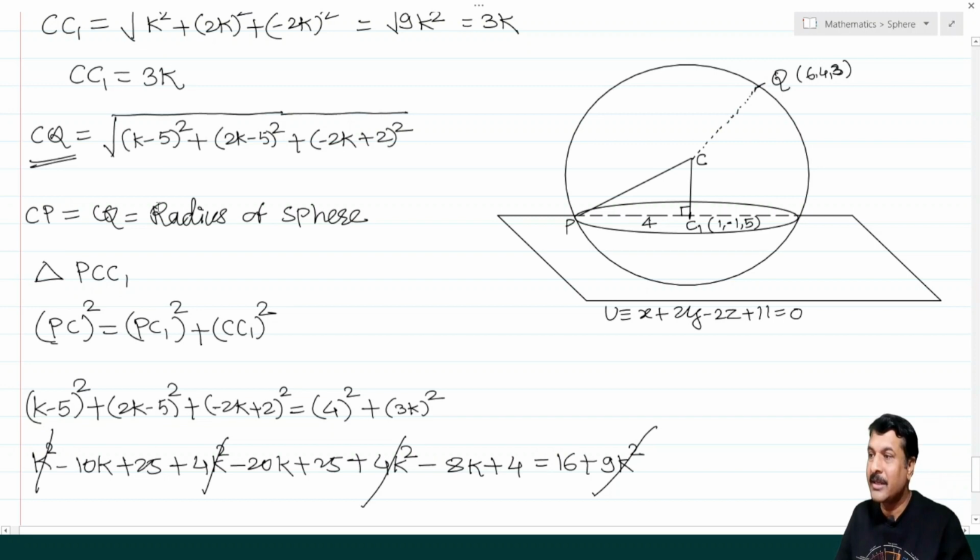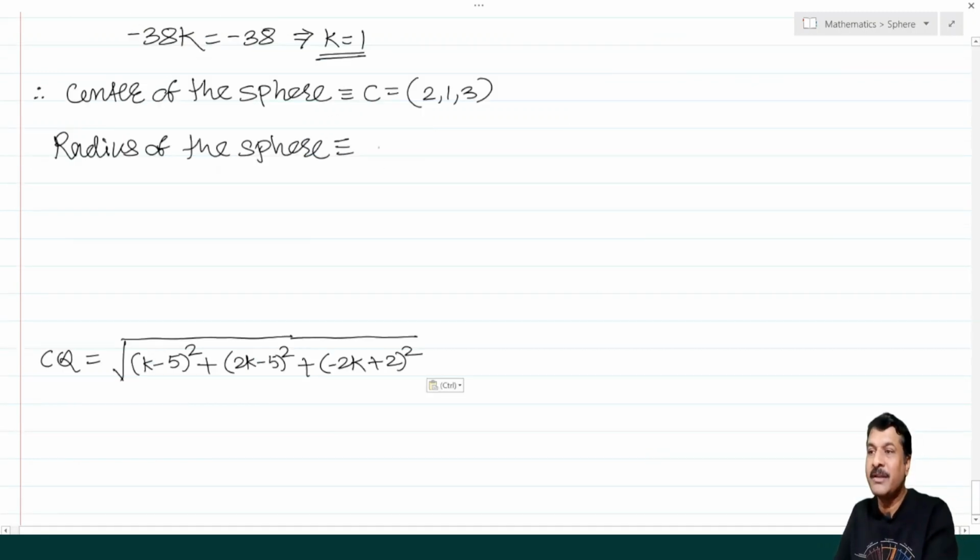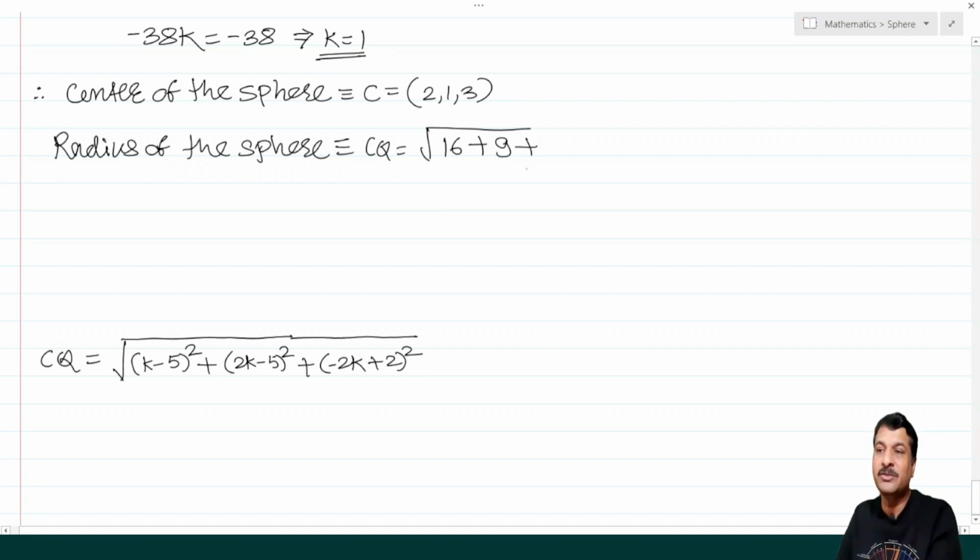Put K equal to 1. So CP or CQ equals the square root of (1-5) whole square, that is 16, plus (2-5) whole square, that is 9, plus (-2+2), that is 0. So 16 plus 9, the square root of 25, means CQ equals 5.